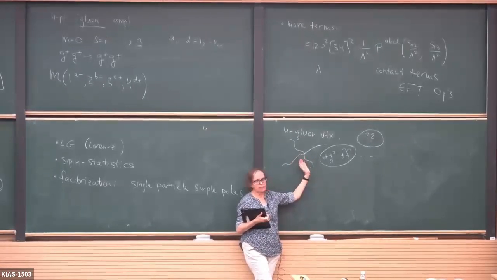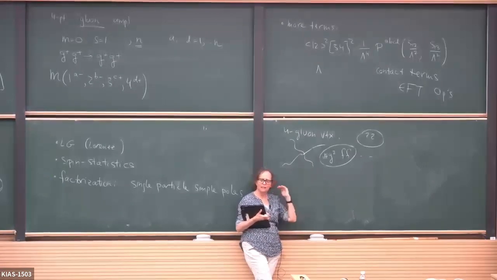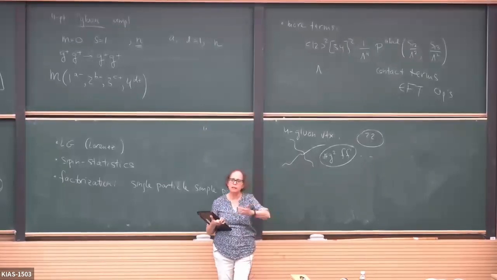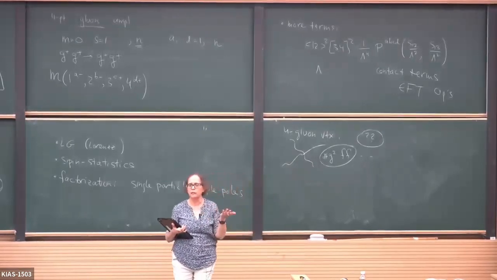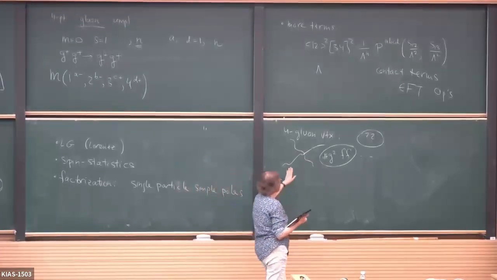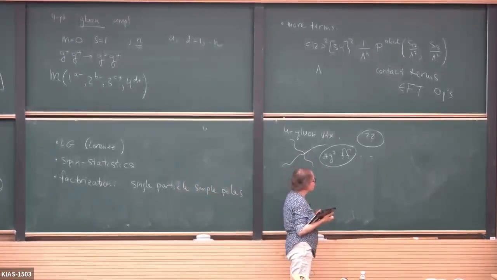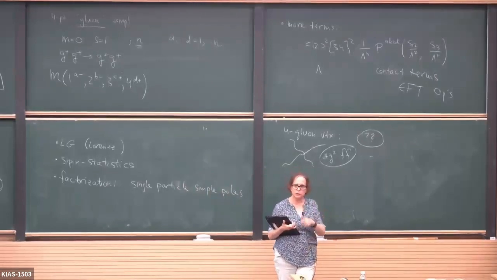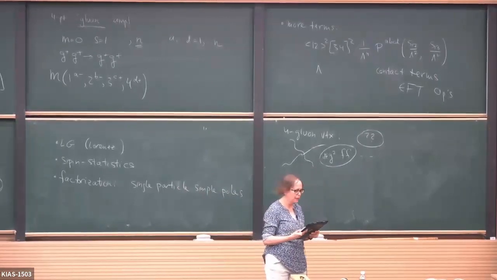So it's not surprising that I could get away without talking about it at all. Okay? If you insist on Lorentz and the other properties that we talked about, you get the gauge symmetry for free. But there is more to the story. So let me come back to that in a second.